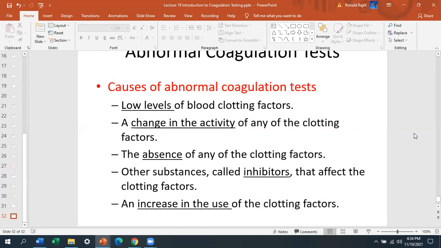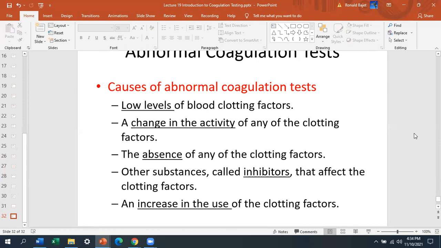Finally, causes for abnormal coagulation tests. When I say abnormal coagulation tests, I'm talking about prolonged times. If you have low levels of clotting factors, like low factor 7, for example, then it can cause you to have a prolonged clotting time. Also a change in the physical activity of the factor itself, or the absence of any clotting factors.